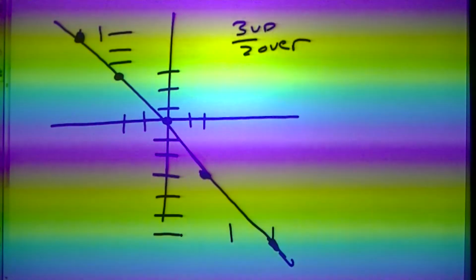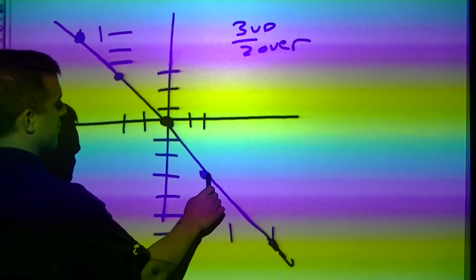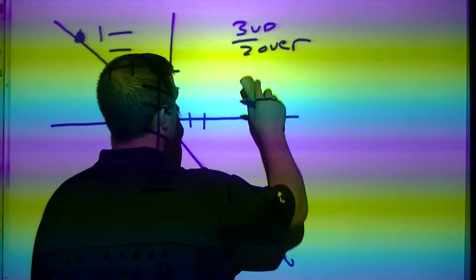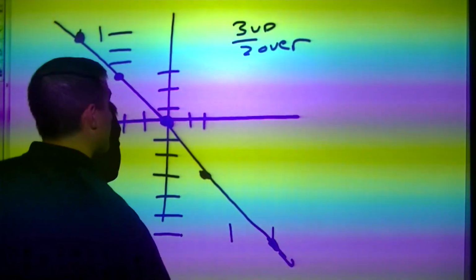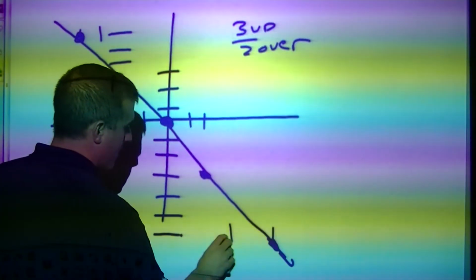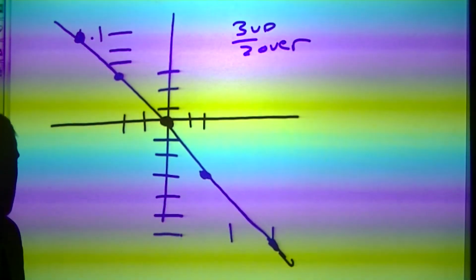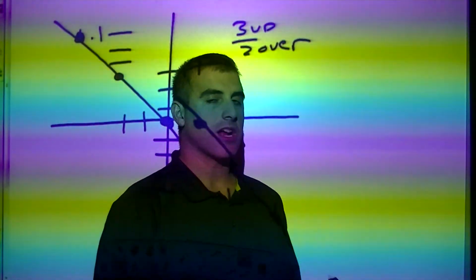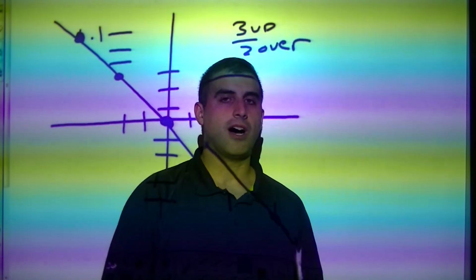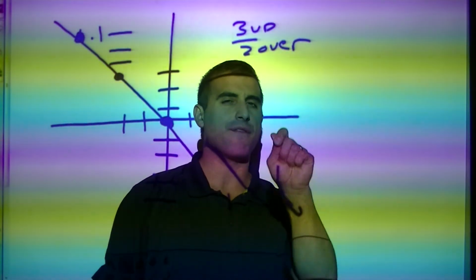If it was this way, down 3 over 2. You can use up or down, as long as it's going in that direction. 3, 2, 3, 2, 3, 2, 3, 2. You can get more points. We're going to cover a lot more with direct variation later on this year when we get into equations. But what you have to know is how to graph it and how to find more points.